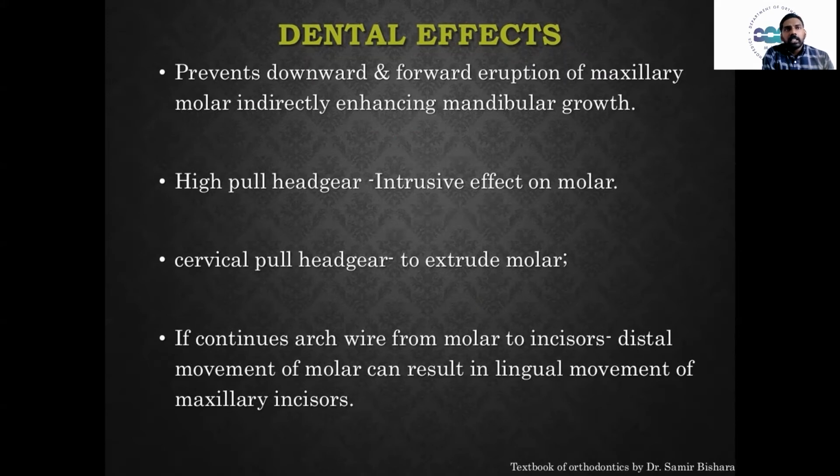High-pull headgear, as I said, has an intrusion effect on the maxillary molars. If the patient has a vertical maxillary excess or vertical growth pattern, this high-pull or occipital headgear causes intrusion of the upper molars, which results in an upward and forward rotation of the mandible, closing the bite and reducing the angle.